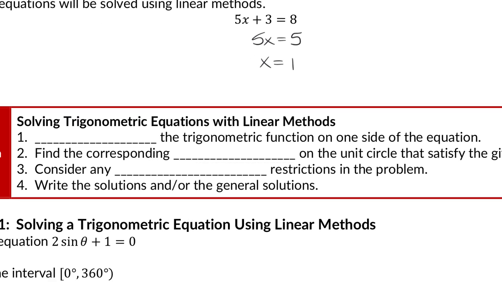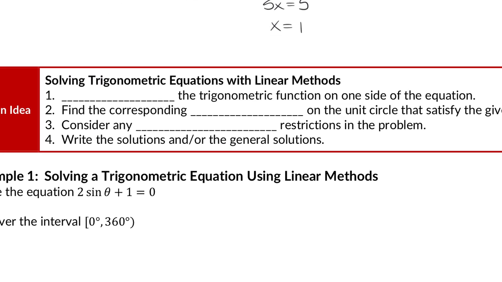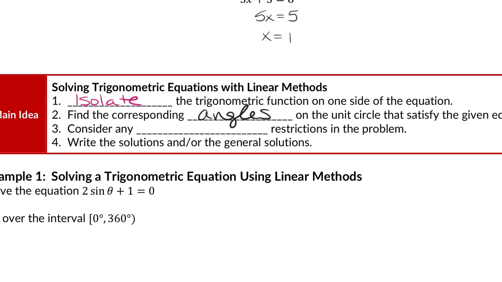The steps, if we apply that to trig functions, are number 1, to isolate the trigonometric function on one side of the equation. That is your linear steps. So you're adding, subtracting, multiplying, and dividing to isolate the x or isolate the trig function. Then you're going to go to your unit circle and find the corresponding angles that satisfy the given equation.